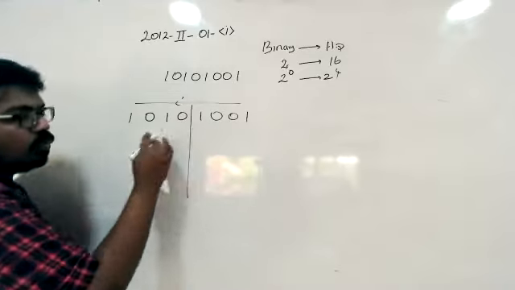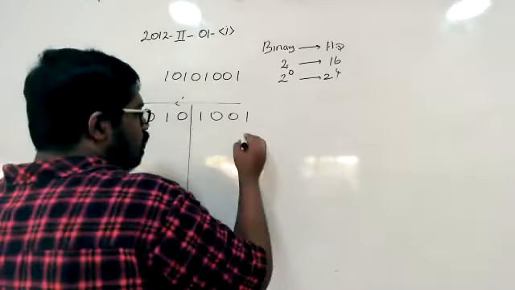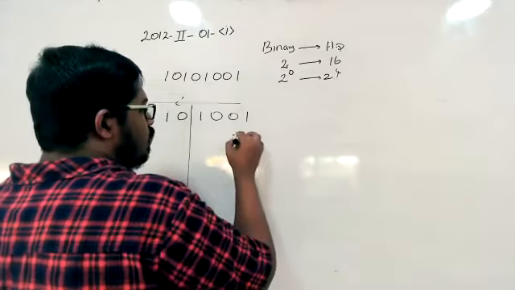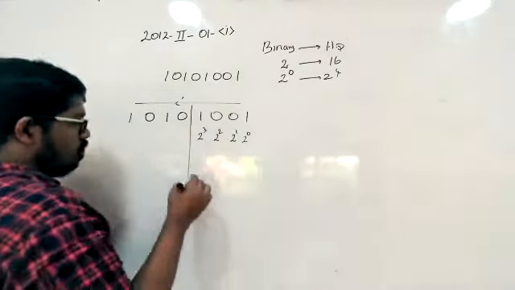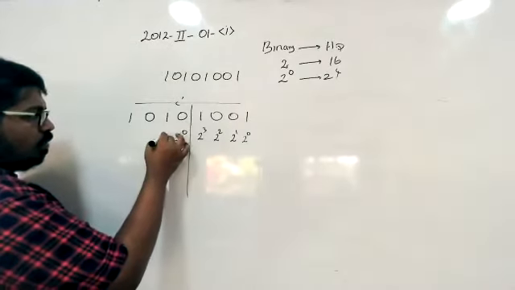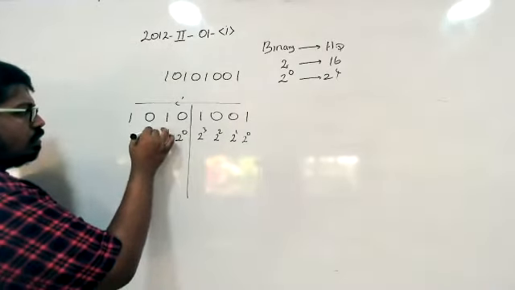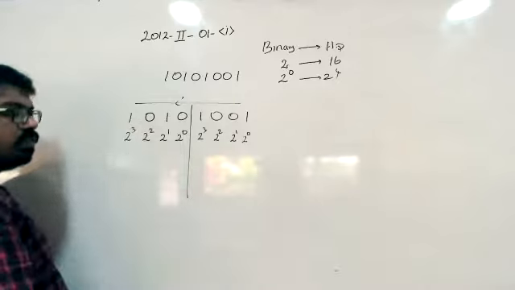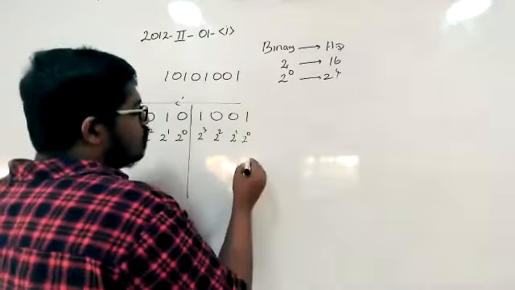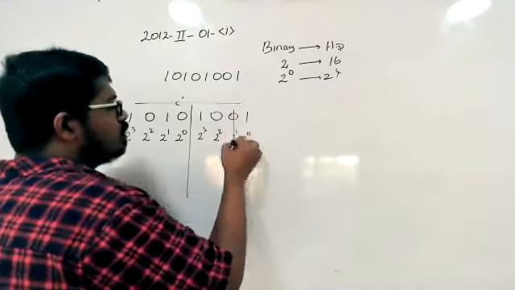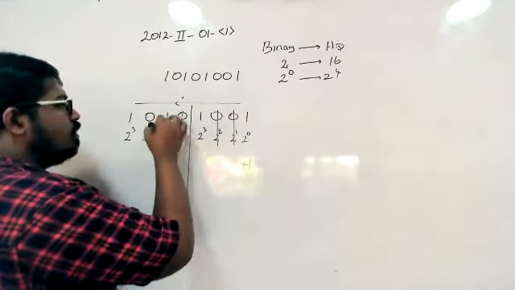So I have 2 groups. You have to multiply it by 2 to the power 0, 1, 2, 3. So this is 1. I can remove this one, this one, this one, and this one.